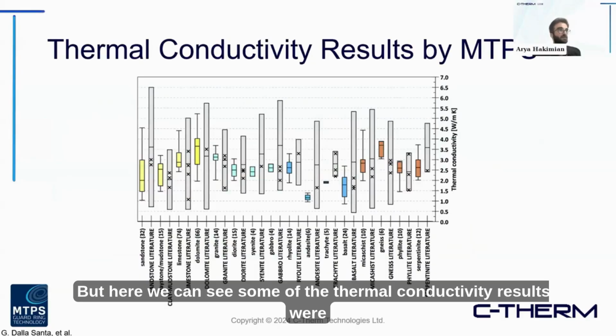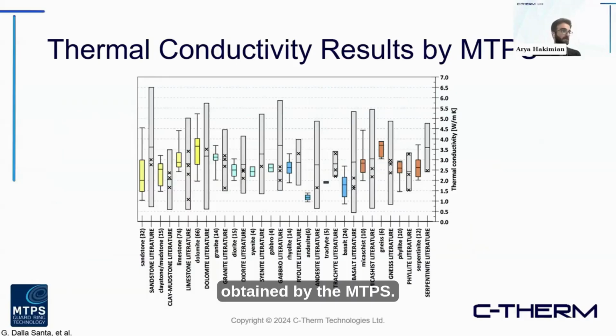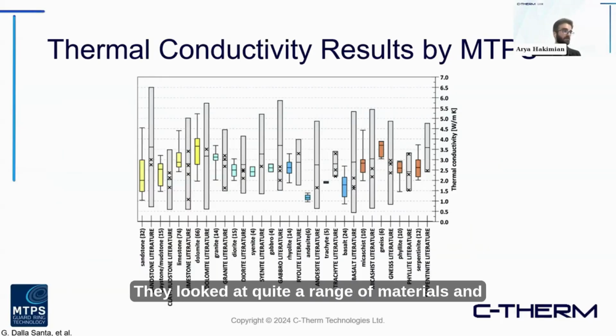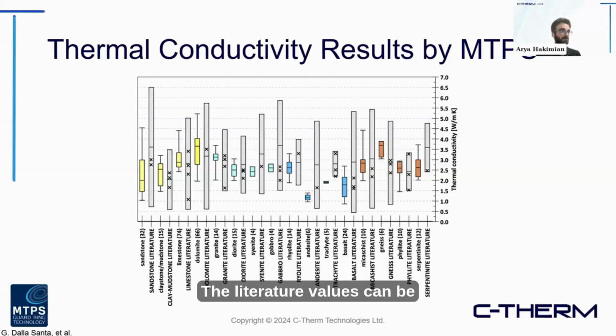But here we can see some of the thermal conductivity results that were obtained by the MTPS. And this was a really in-depth study. They looked at quite a range of materials and then compared it to the literature values of those samples. And what you can see is, again, with some of these naturally occurring materials, the literature values can be quite wide ranging.